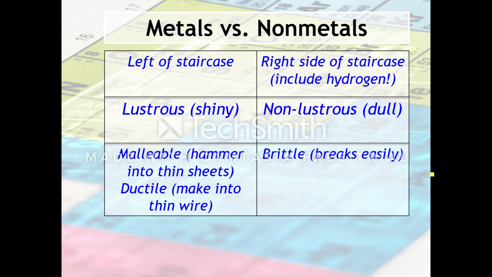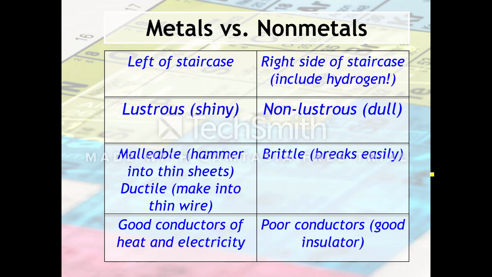Metals are malleable. You can hammer them into thin sheets. Ductile, you can make them into thin wires. So if you think about electricity, what's on the outside is a non-metal, like rubber. And inside of the wires is a metal. It's made into a wire.